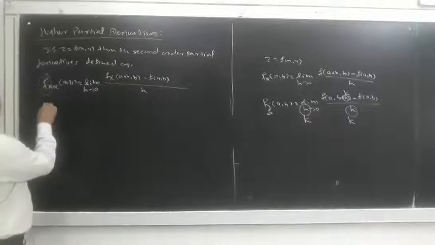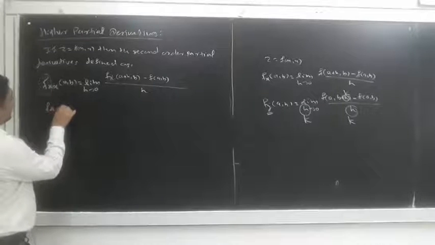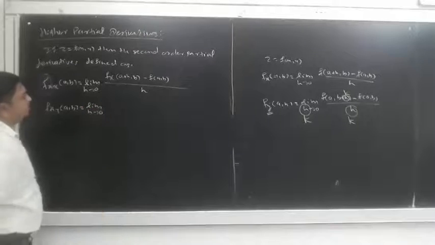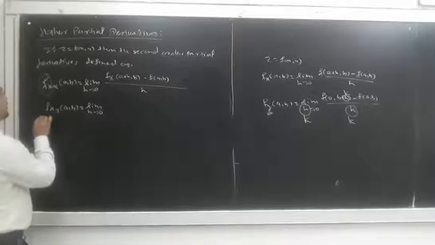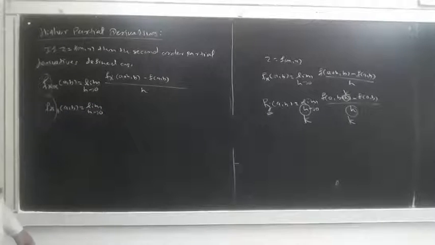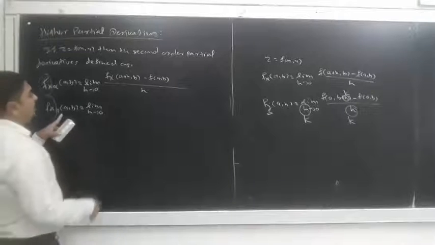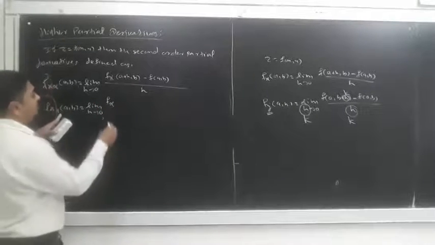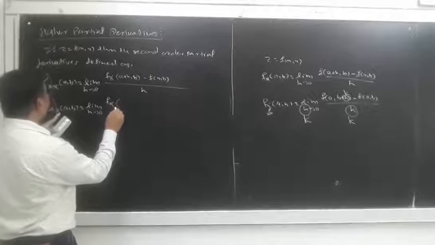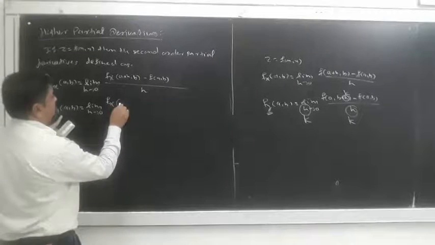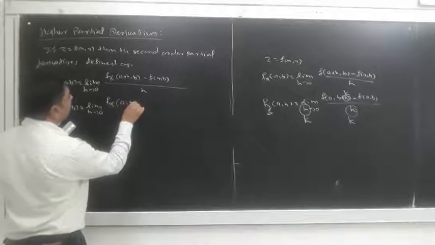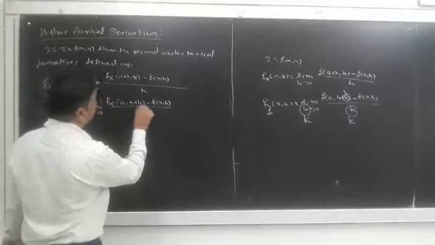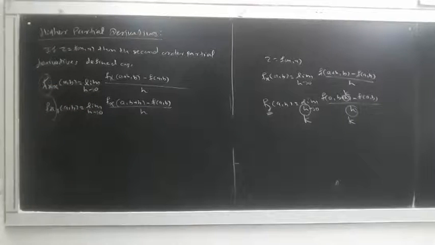Or we can write fxy at (a, b). So how do we write this? Limit as h tends to 0. Now what do we have to differentiate? We have to differentiate fx with respect to y. So where should the change be? Here it is fx, change in y, x is constant, so it is fx at a, b plus h minus fx at (a, b), upon h.